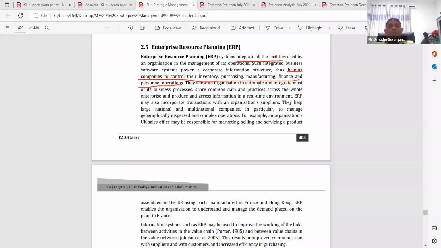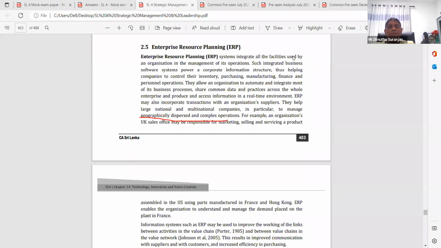They allow an organization to automate and integrate most of its business processes. Share common data and practices across the whole enterprise. Produce and access information in a real-time environment. Incorporate transactions with organized suppliers. Help to manage geographically dispersed and complex operations.